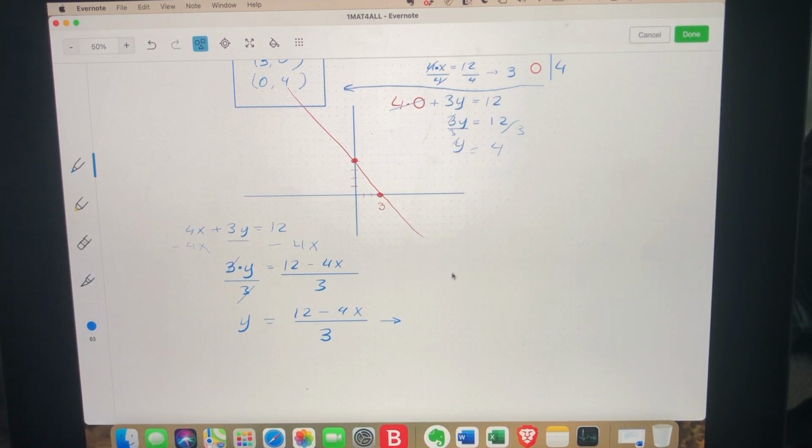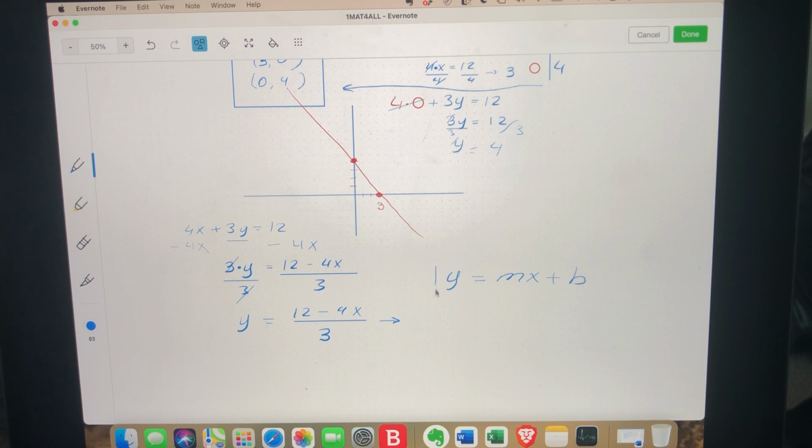So if I was on a test, perhaps my instructor would have asked me to have my equation in slope-intercept form, which is y equals mx plus b. So let's rearrange these terms a little bit and get that answer. First of all, we notice that we're dividing two things by 3, which means we can split them up. We can write it as 12 over 3 minus 4x over 3.